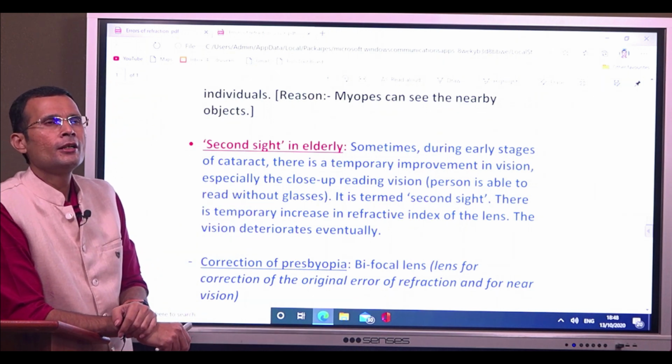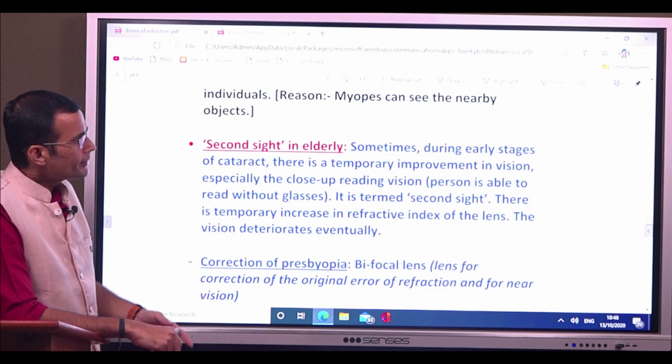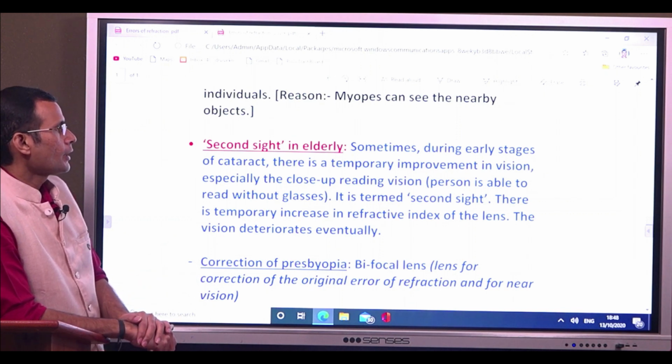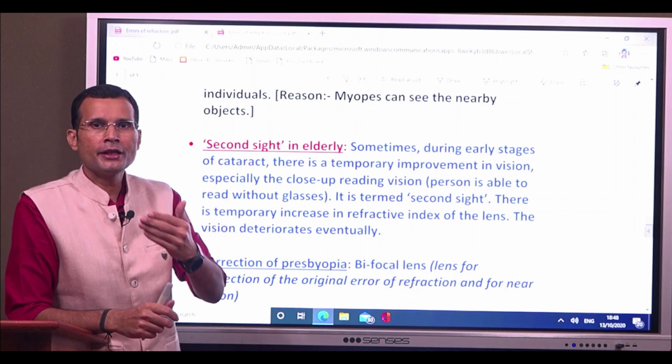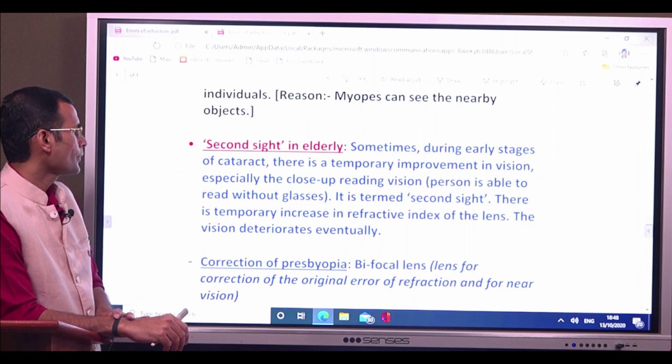This happens during, let's say, early stages of cataract. In the early stages of cataract, there is temporary improvement in the vision, especially for close-up reading. So, the person can read without glasses.